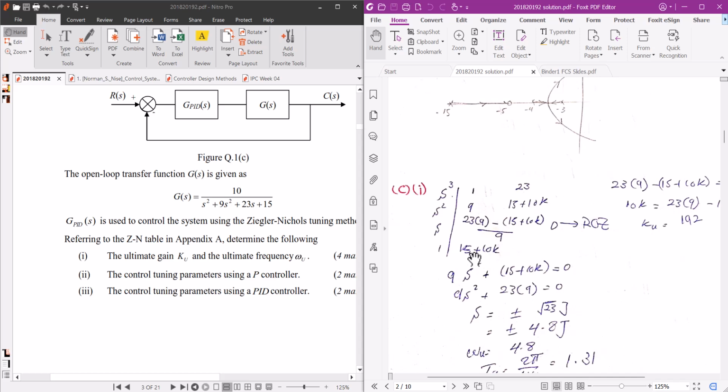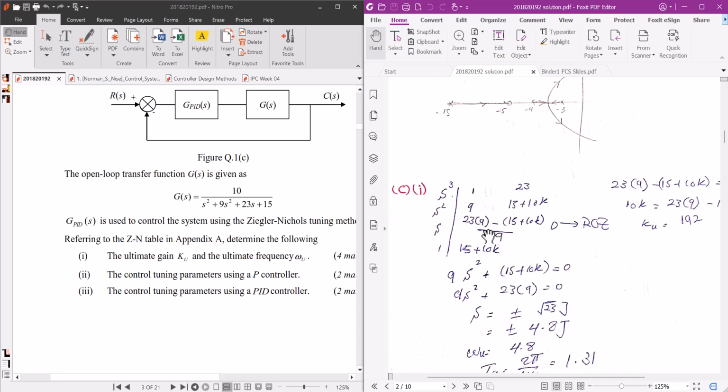And similarly, how do you get this term? You say this is some capital A, then minus 1 over capital A times the determinant of 9, capital A, 15 plus 10k, 0, and then you solve, you will get this term 15 plus 10k. So this is the Routh-Hurwitz table you got, s cube, s square, s1.